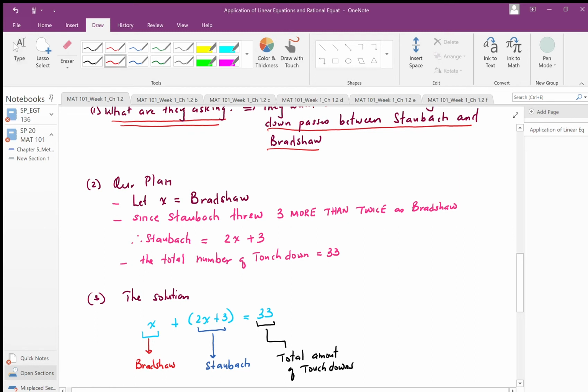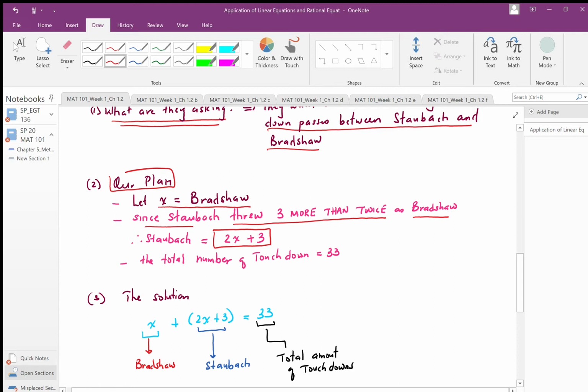So our plan in this case is to devise a plan. Let x be Bradshaw. Since Staubach threw three more than twice as many as Bradshaw, we can formulate a simple linear algebraic expression looking like this: 2x, x being Bradshaw, plus 3.